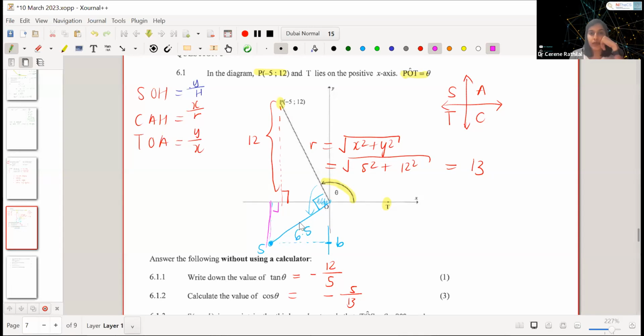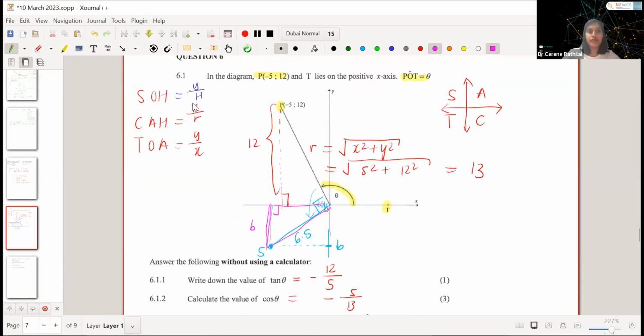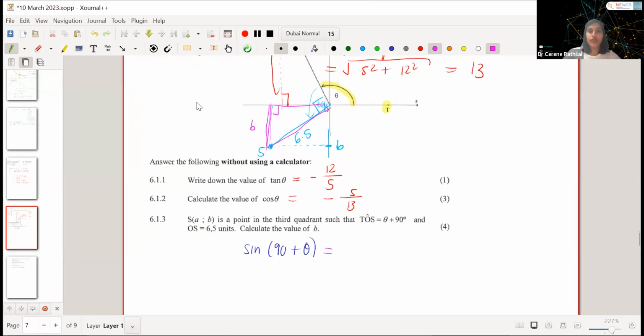So here is my hypotenuse, here is B, and of course that's the adjacent, right? So the purple triangle is the right angle triangle that I'm now working with. And the angle that we consider is theta plus 90 degrees, right? So it's the upside down one. So sine we saw is opposite over hypotenuse. The opposite value that I want is B over the hypotenuse, which is 6.5 that was given.